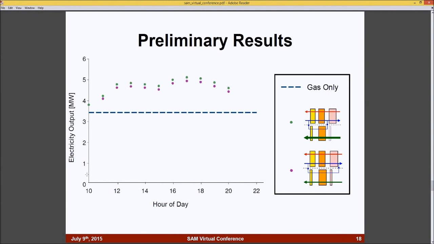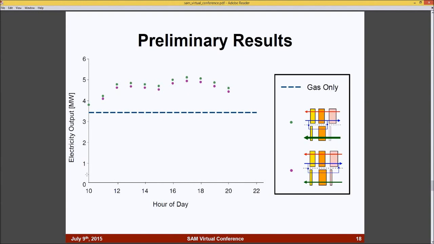They're completely independent of each other, but it shows you how the performance changes over the day. On the y-axis, you can see the electricity output, and the dashed blue line shows what a gas turbine with heat exchangers and its own steam system, but without any solar thermal influence, would perform at.